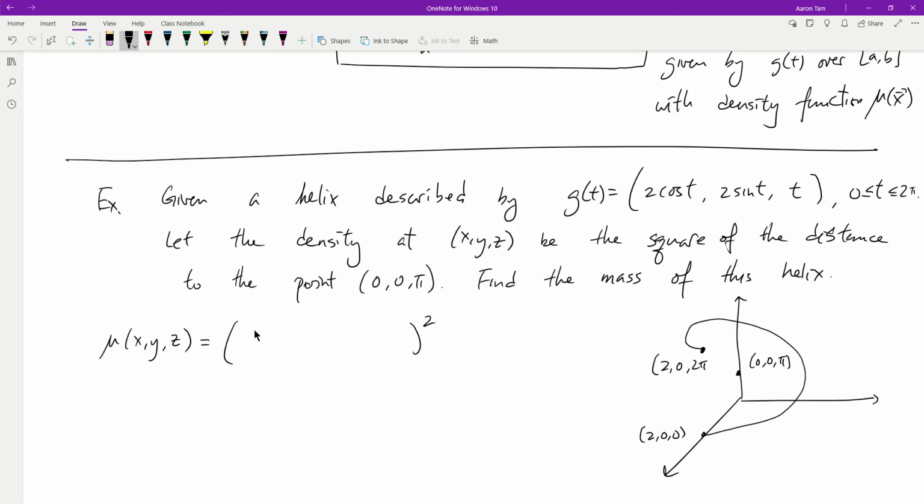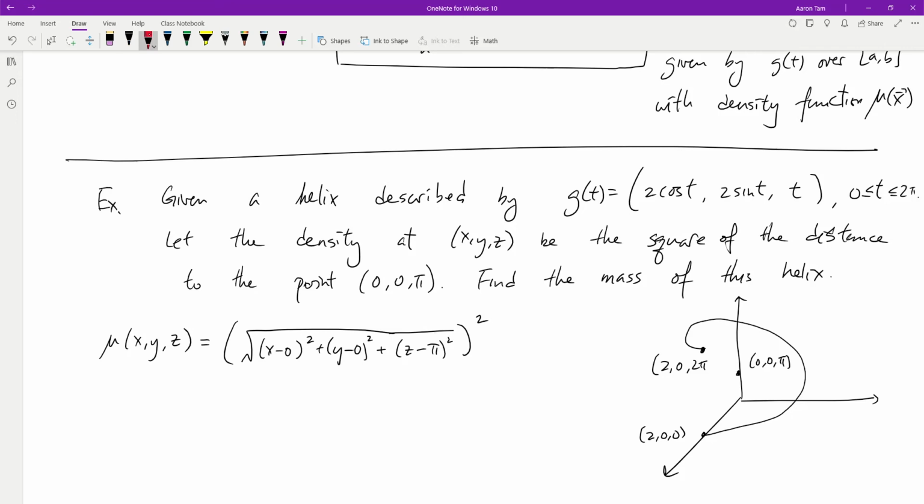To calculate distance, I'm going to use the distance formula: x minus 0 squared plus y minus 0 squared, oops, I need more room, plus z minus π squared. And I need the square of the distance, so I'm going to put the whole thing in parentheses and square it.